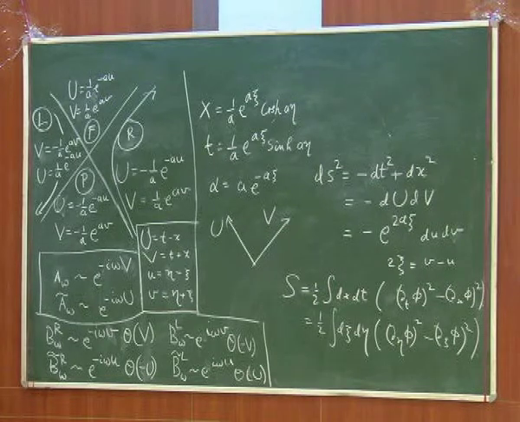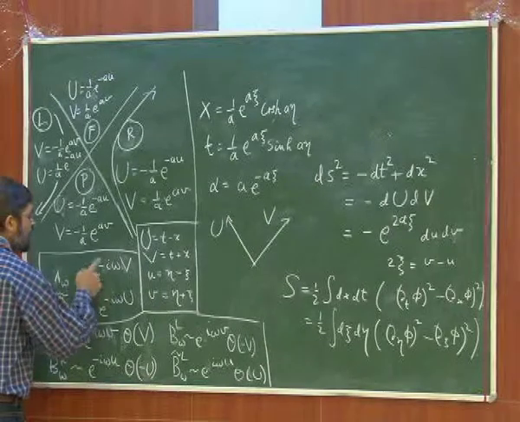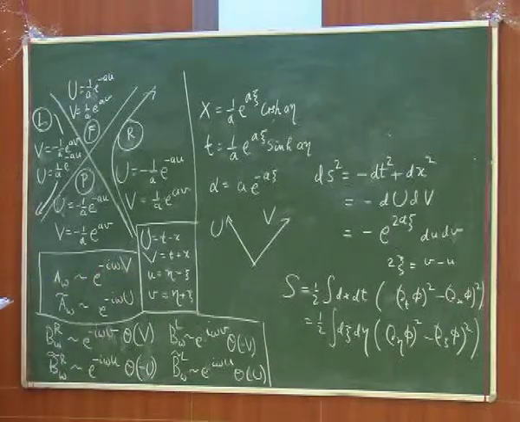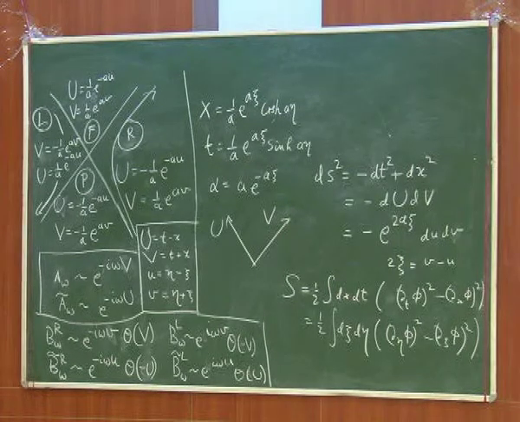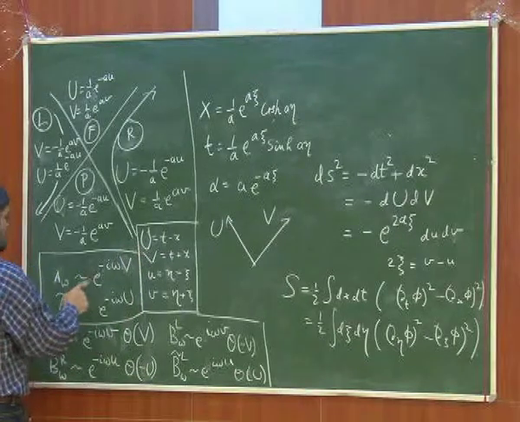I have written here only the positive frequency modes; the negative frequency modes will be given by the complex conjugate of these functions. Note that I must ensure that minus omega multiplies the future sense of the time. V has plus t in it, U has plus t in it, so this is correct.